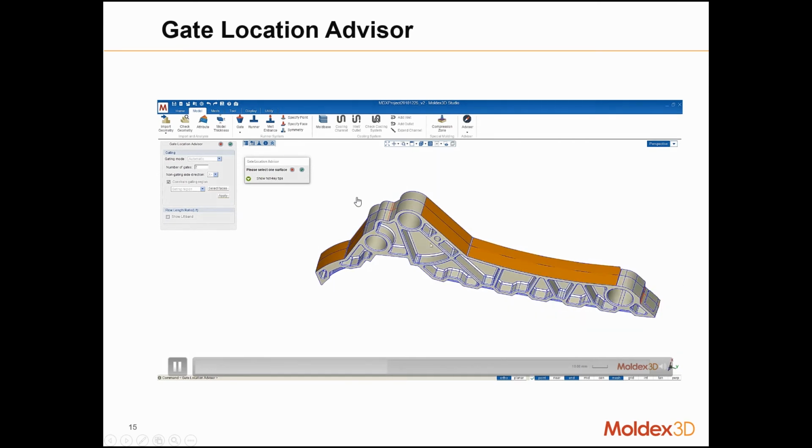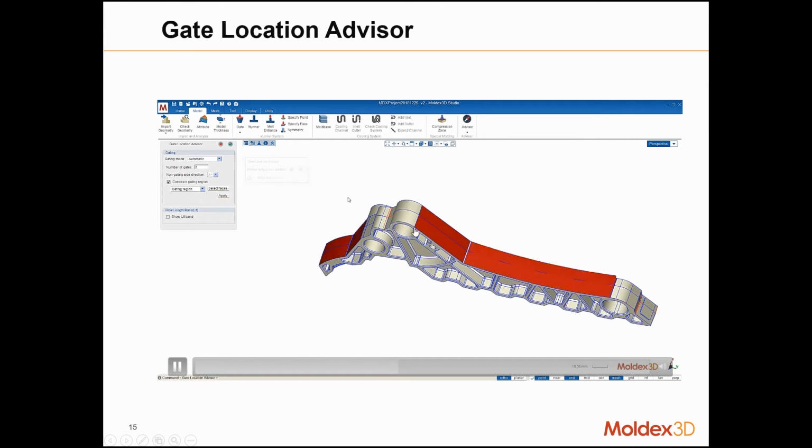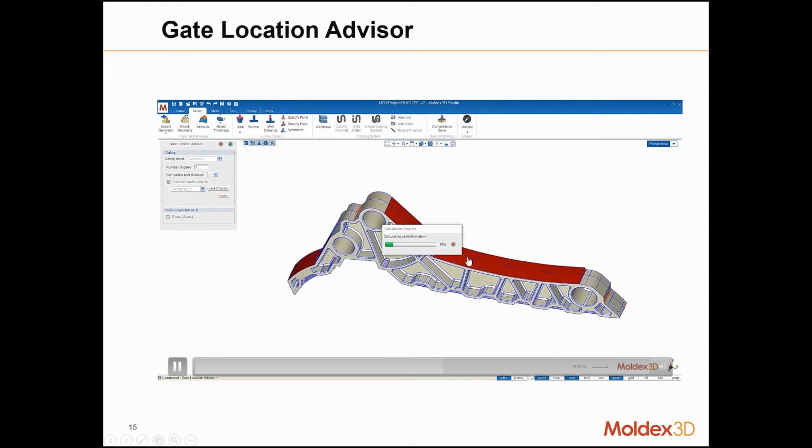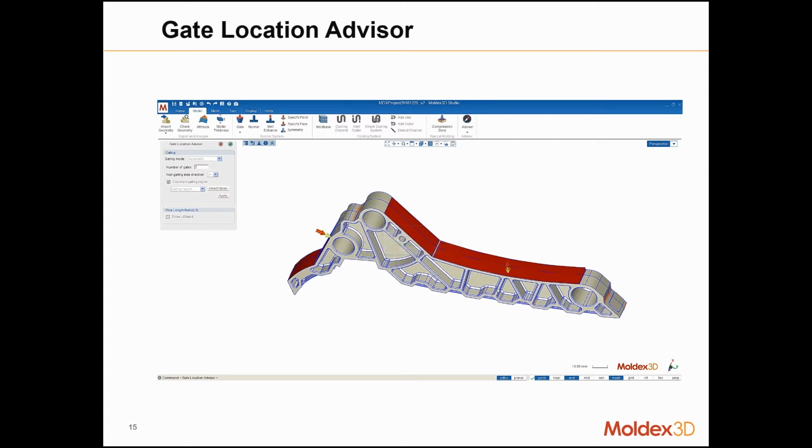Okay, so as long as I choose the desired surface and click apply, the system will start to calculate the suitable gate position based on the cavity and its thickness, and then it will show the suitable gate position in order to achieve flow balance.